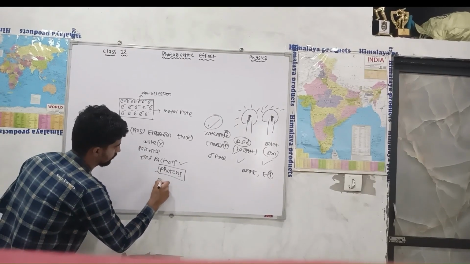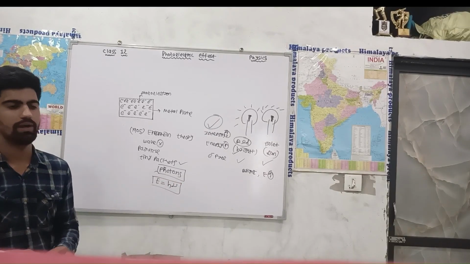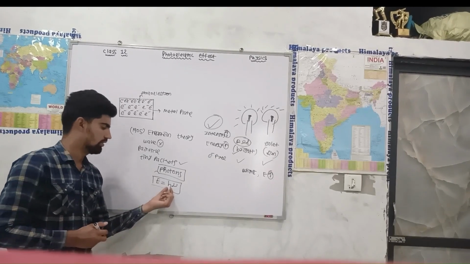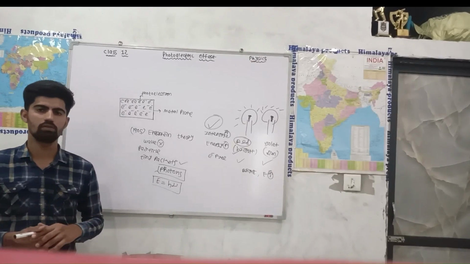The energy of a photon is E equals h nu, where E is the energy of the photon, h is Planck's constant, and nu is the frequency.